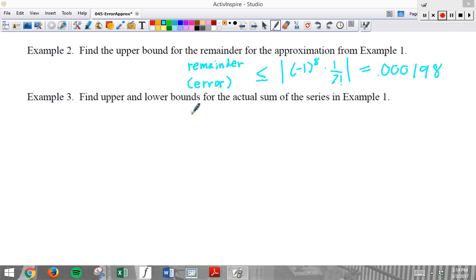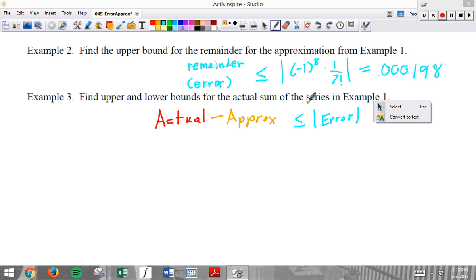So what I'm saying is find the upper and lower bounds. So since actual, I think these are the equations that would help people, minus approximate was going to be less than or equal to the absolute value of the error, or the remainder. So the absolute value of this was less than that.